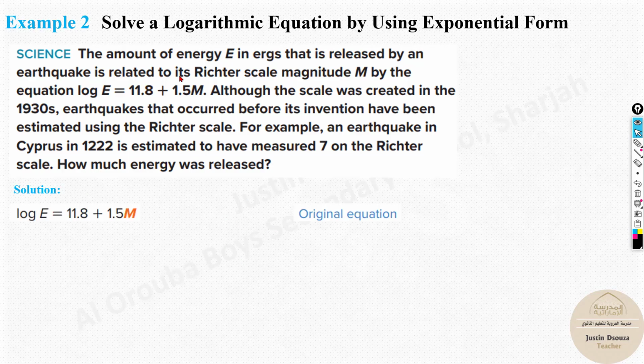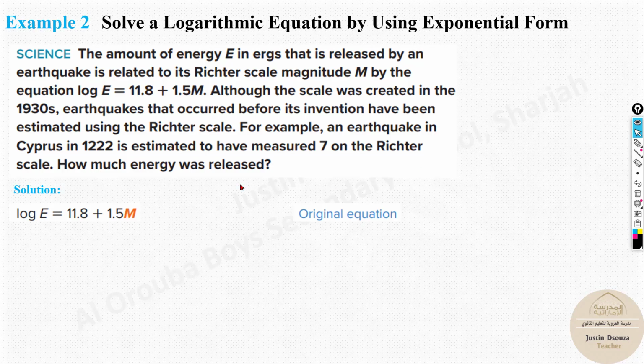Here they have given you the Richter scale value 7 and they want to know how much energy was released, because the measurement of the earthquake comes on this scale of 7. Now this is the equation which is used: log E equals 11.8 plus 1.5 M is used to find the energy, where M is the Richter scale magnitude, which was 7, right?